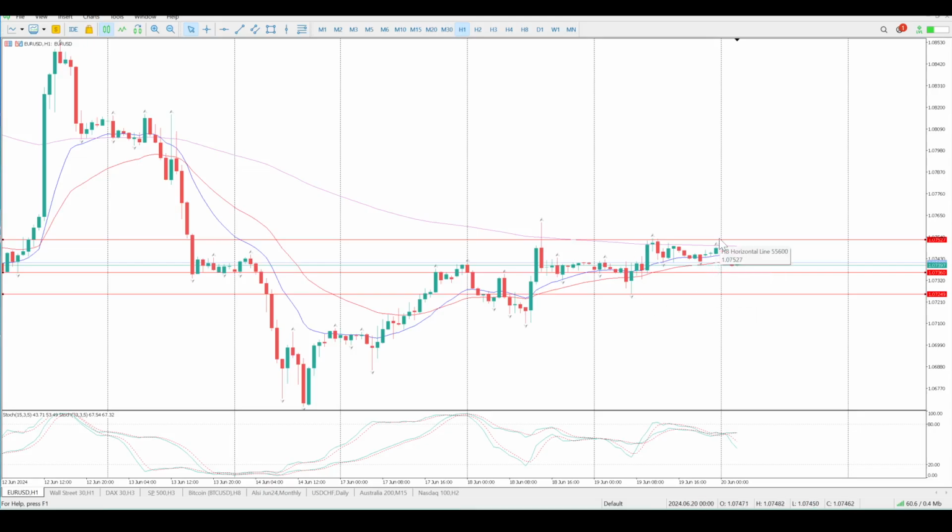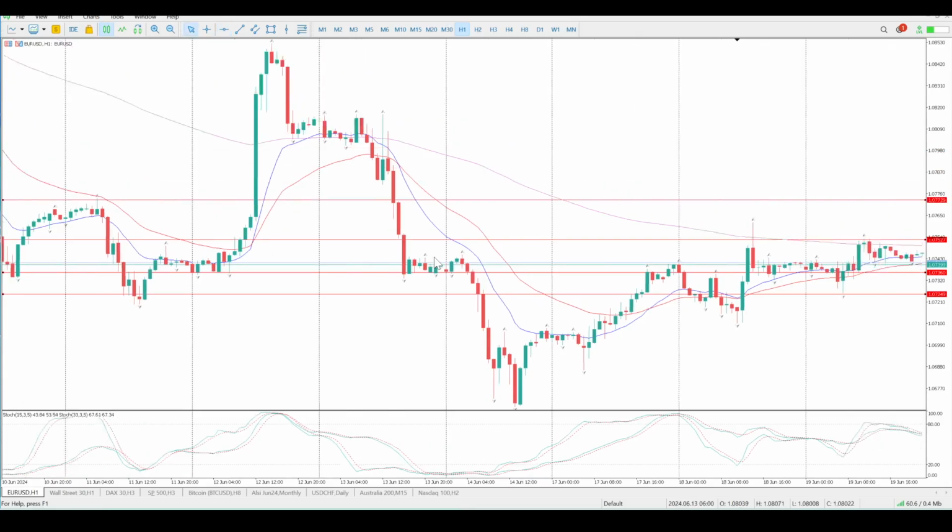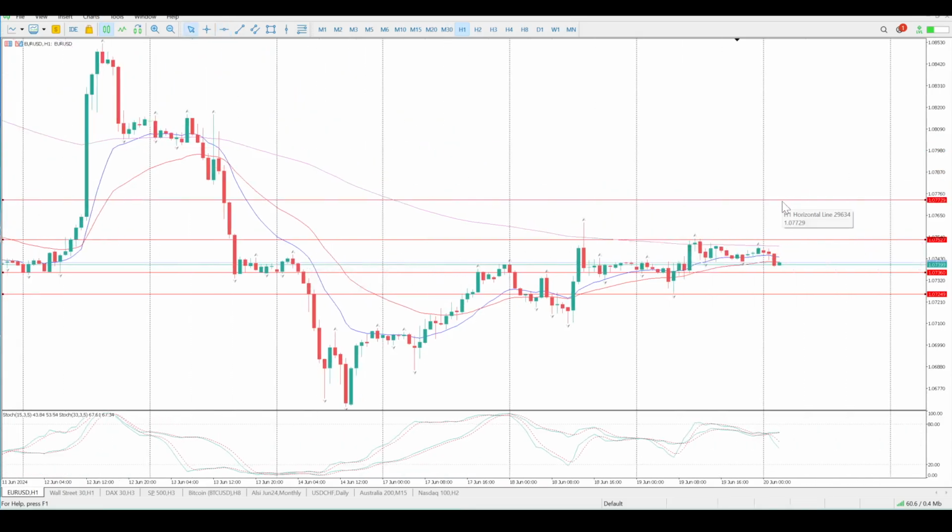So it's going to have to be a clear break of 107.527 and retest for a move to the upside, and that's going to be a fairly decent trade because the next level is at 107.729. Any move to the downside, I'm going to take with a lot of caution because you should hit resistance at 107.064.